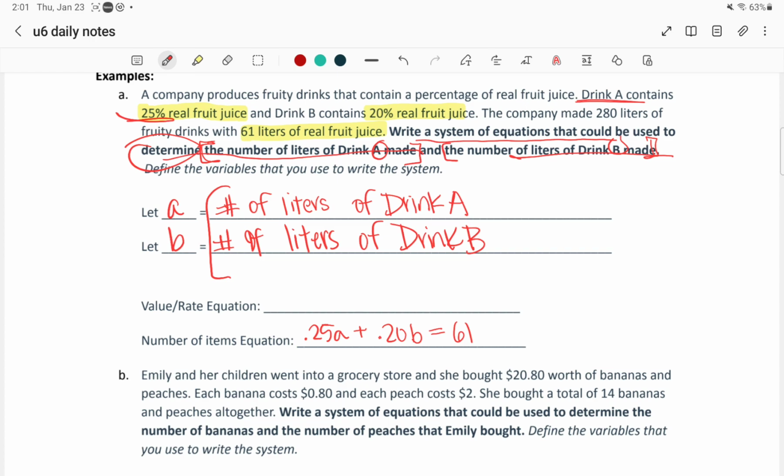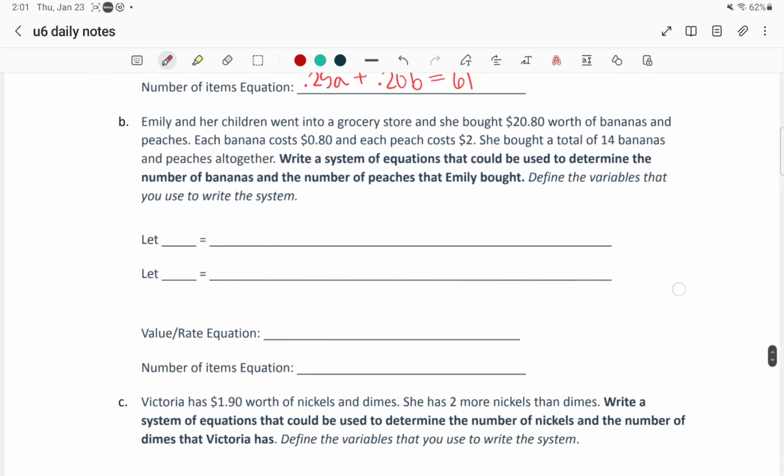Okay, so A being everything we have of drink A, and B being everything we have of drink B, that equals 280. Okay, so A plus B equals 280. Let that sink in for a little bit. This is a little trickier, okay? I'm gonna go a bit faster.